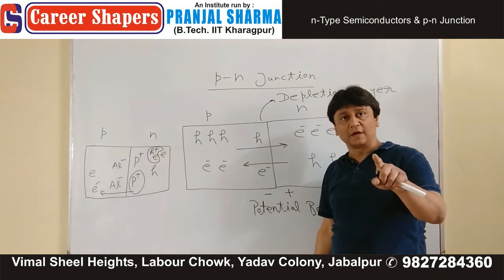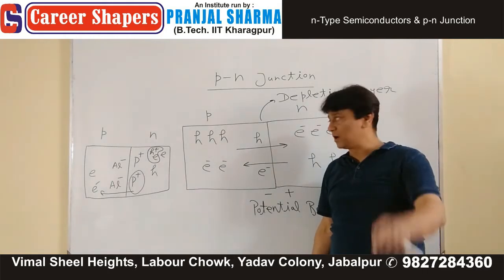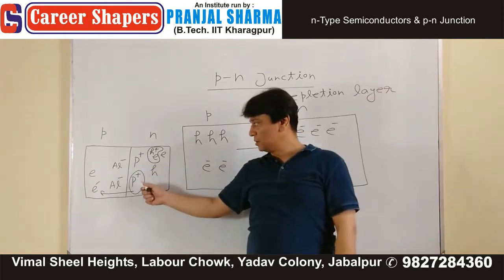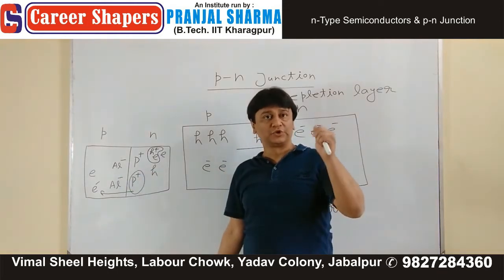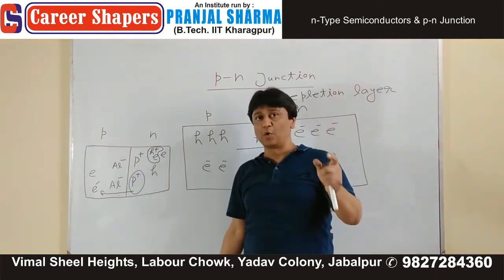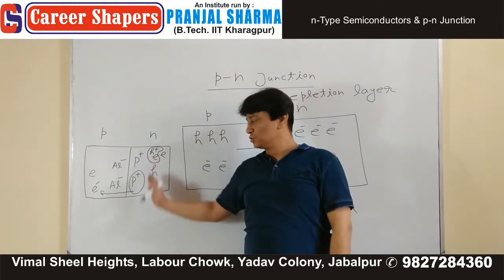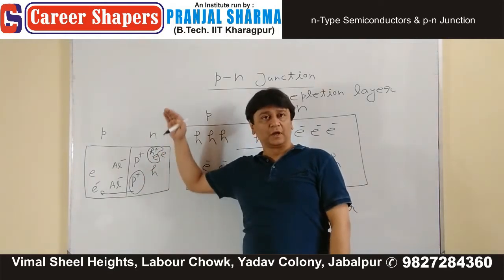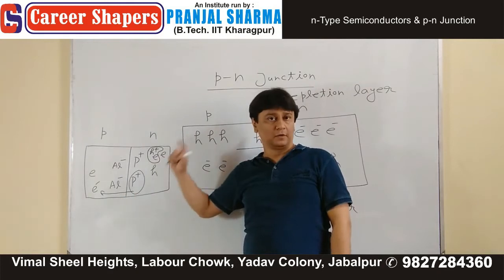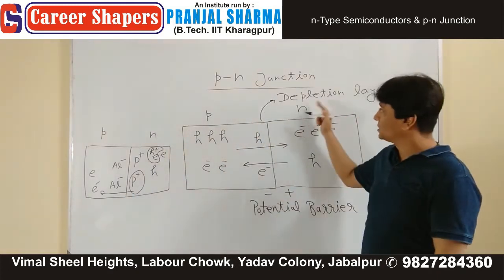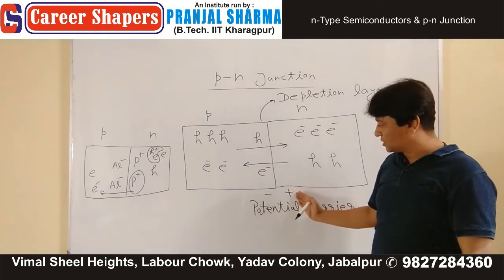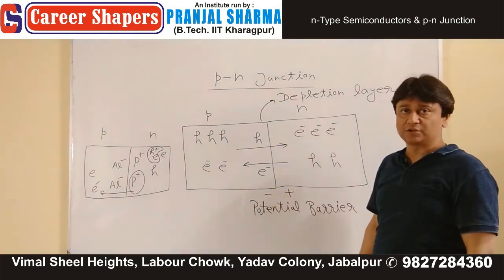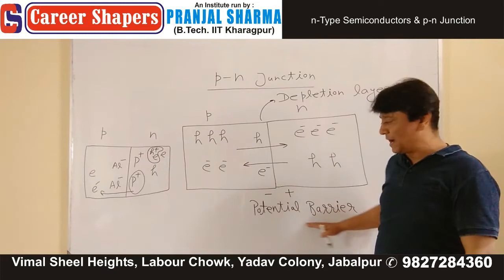So in the depletion layer, charges are present, but which type of charge? Fixed ions. They are not charge carriers. They are only what? Fixed charges. So in the depletion layer, there is a shortage of charge carriers, and it is therefore called the depletion layer. And because of this positive and negative charge, you will get what?